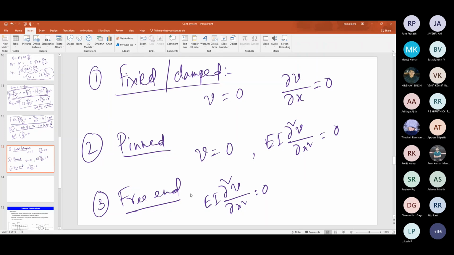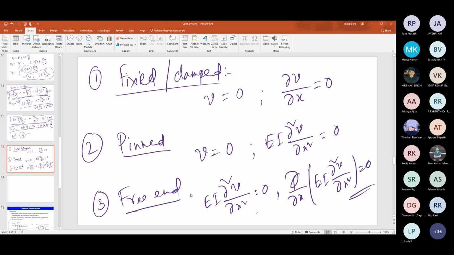The bending moment will be 0 and the shear force will be 0. That is ∂/∂x of EI ∂²V/∂x² will be 0.